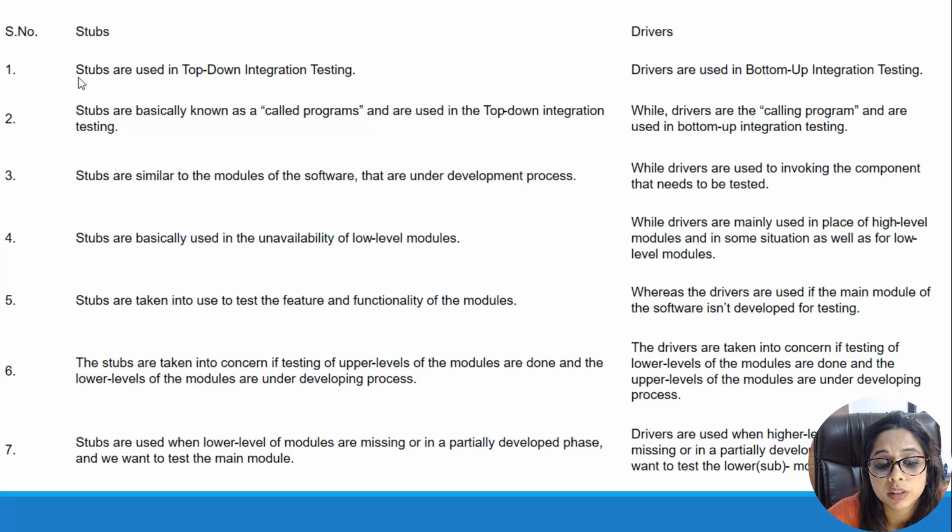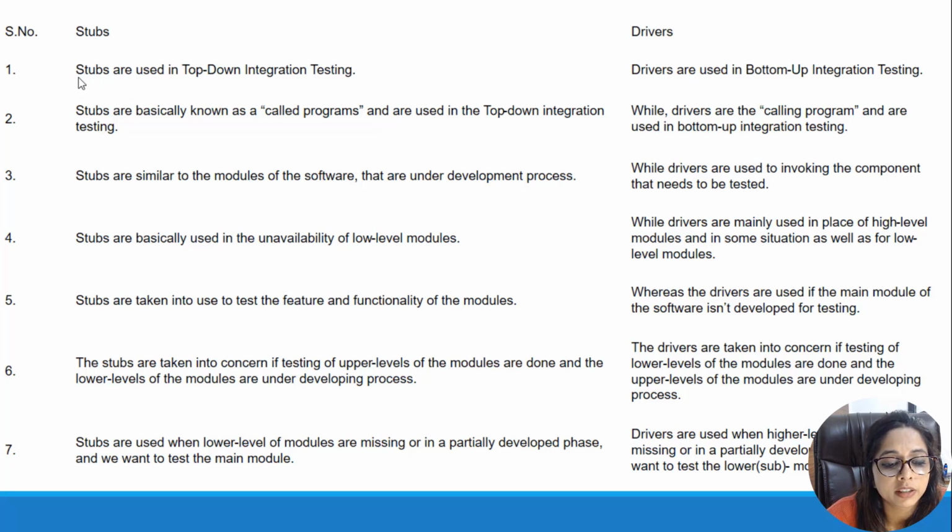Stubs are used in the unavailability of the low level modules. Absolutely. So far we have seen that. Whereas in the case of drivers, they are used in place of the high level modules, and in some situations also for the low level modules. So this is a minor difference between the two pointers.